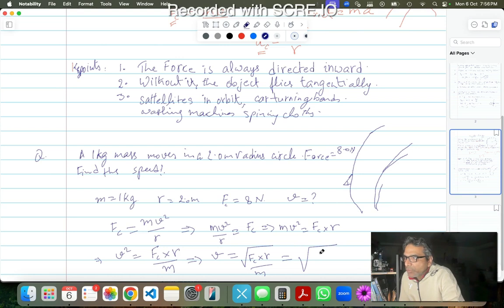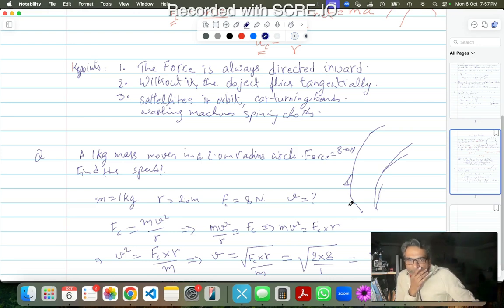Now put the values. So root of 2 times 8 over 1, which gives us root 16, which gives us 4 meter per second.